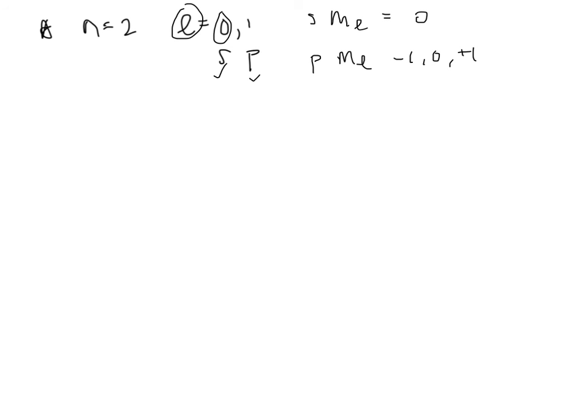Because remember, your m sub l value dictates your directionality. S orbitals are spherical, so they don't have directionality, so m sub l equals 0 is what you expect. The p orbitals, on the other hand, have a directionality that goes around the x, y, and z axis. So we would expect the 3 different orientations that correspond with each of these. So I just want to make sure that we're looking at our L values correctly.